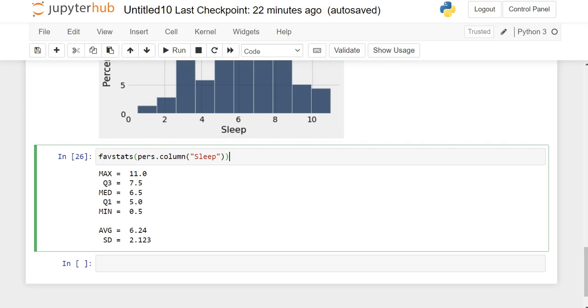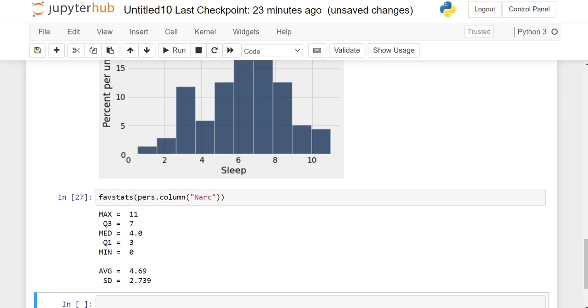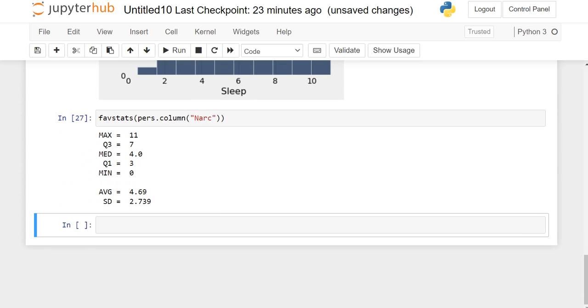So the favstats just went and grabbed us a bunch of good stats, and we can do any of the columns that we'd like to. We can check the Narcissism Statistics and see that this is the MP16, which is a measure of narcissism in the literature that psychologists and psychiatrists have worked on.